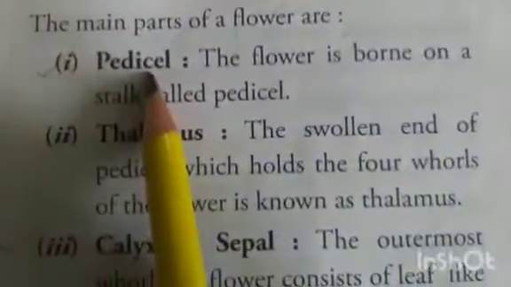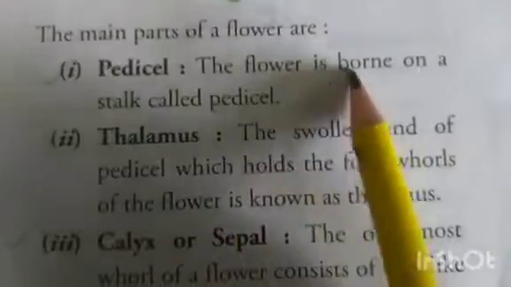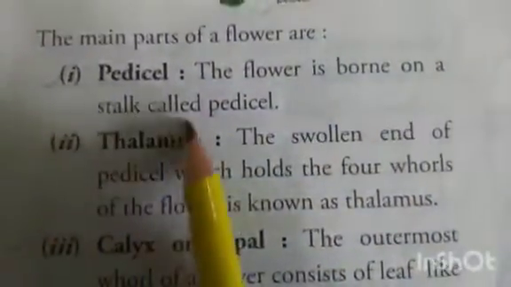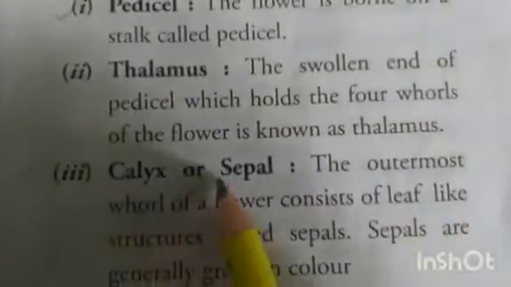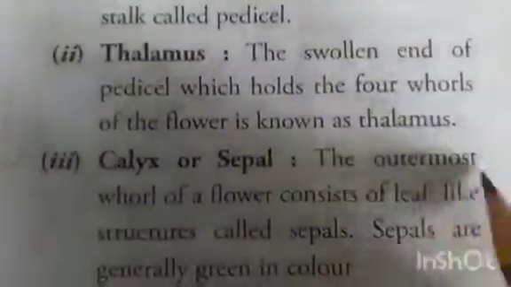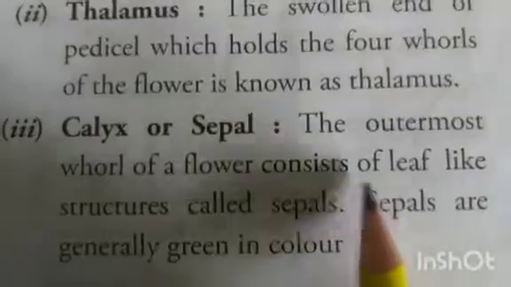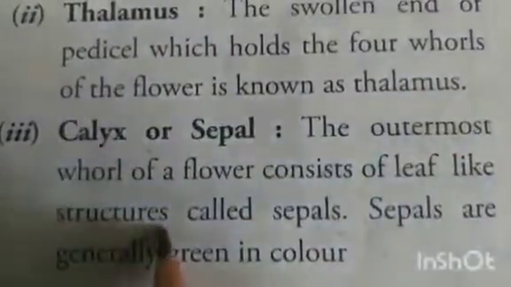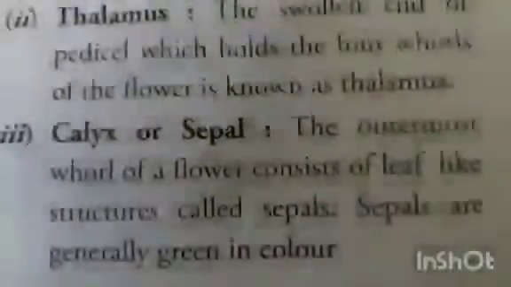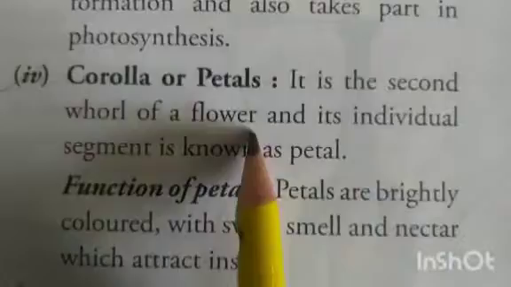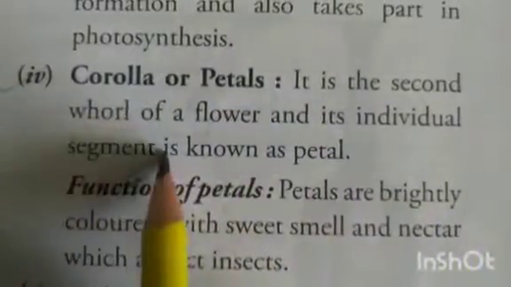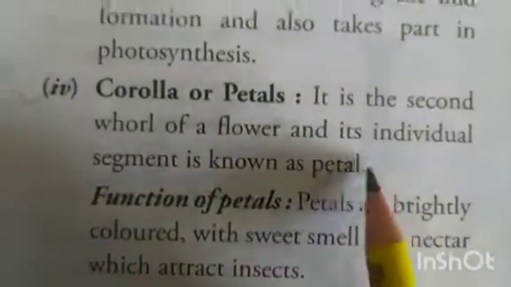First one is pedicel. Here you will write: the flower is borne on a stalk called pedicel. Then second is calyx or sepal. The outermost wall of a flower consists of leaf-like structures called sepals. Now next one is corolla or petals. It is the second wall of a flower and its individual segment is known as petal.